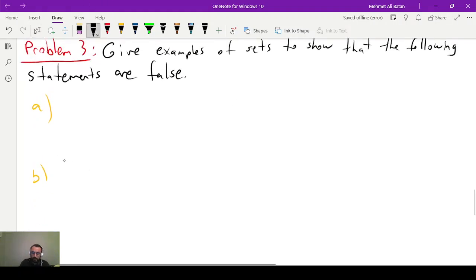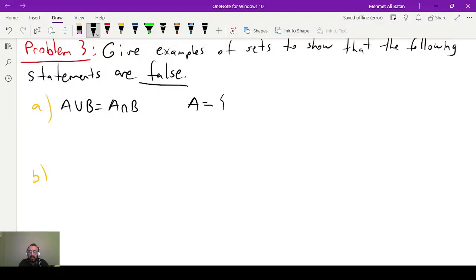The first question is A union B is equal to A intersection B. This is of course wrong. You can give lots of examples; one example is enough. One specific example is enough to show that this statement is false.